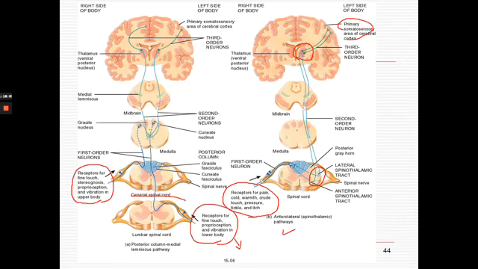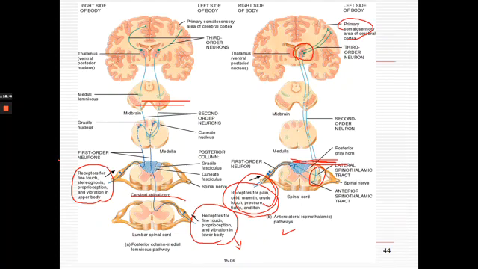Now on the other hand, if the damage is at the level of the spinal cord, the loss is on the other side, contralateral. But if the damage is above the level of the medulla, the loss of sensation in both systems is contralateral, on the other side of the damage.